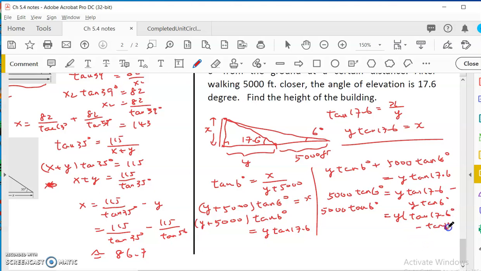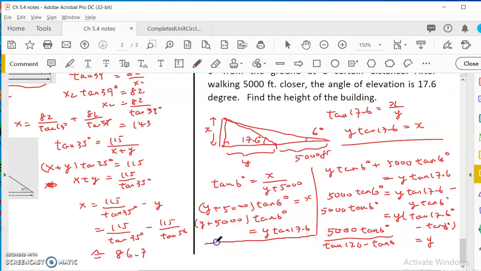The reason is if I factor them, I only have one y, and you can solve for y by dividing both sides by that. It will be y equals 5,000 tangent 6 over tangent 17.6 minus tangent 6, because I divide this from the right-hand side. Now, I don't really need y. I want x though. What is x? X is whatever y you have times tangent 17.6.